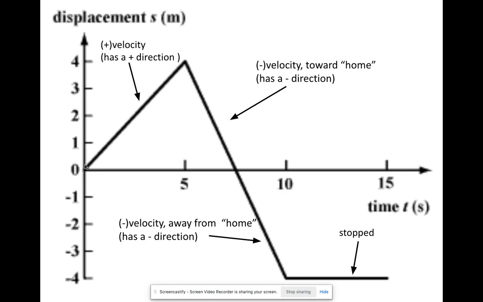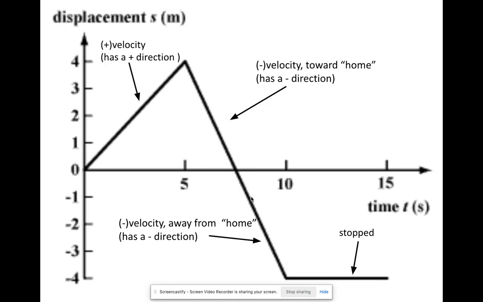We can also say that it's moving away from the origin in a positive direction. Now this one, notice the slope is negative. So because the slope is negative, that means the velocity would be negative. It is also moving towards home. So this we would say has a negative direction.